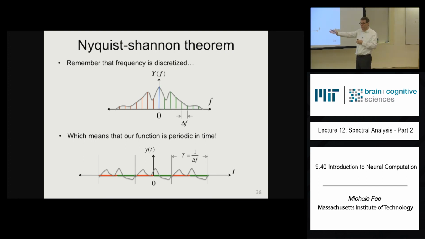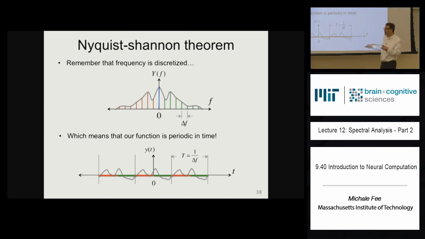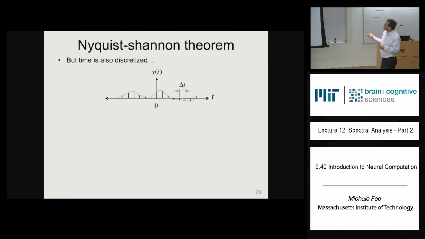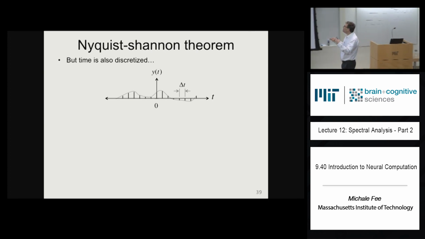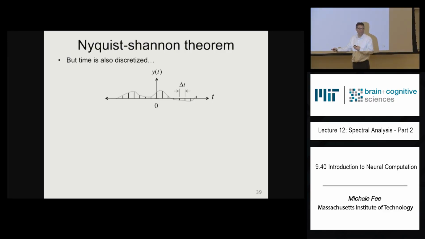Remember, we started with Fourier series, and we talked about how if you have a signal that's periodic in time, you can write it down as a set of frequencies that are integer multiples of each other. Okay. Now, in these signals, time is sampled discretely at regular time intervals. So what does that tell us about the spectrum, the Fourier transform?